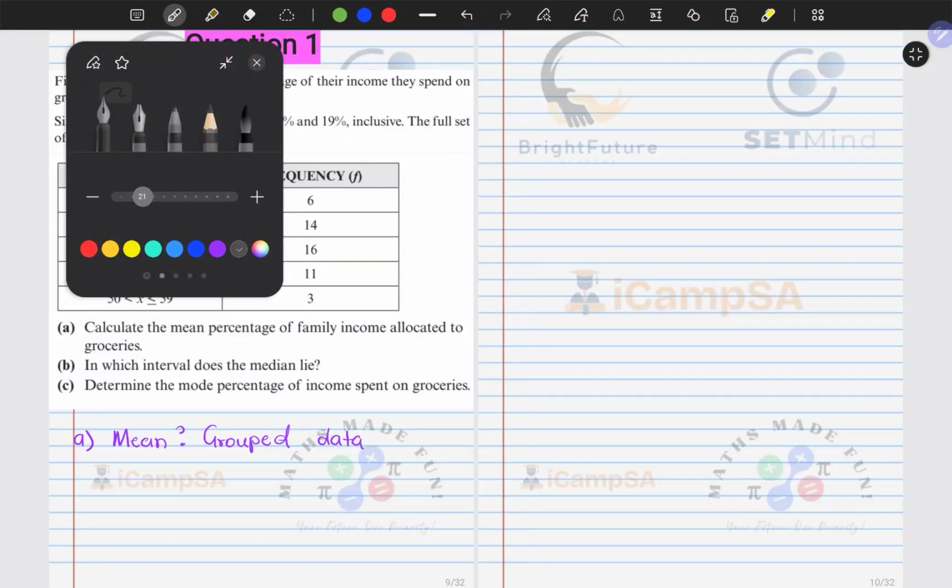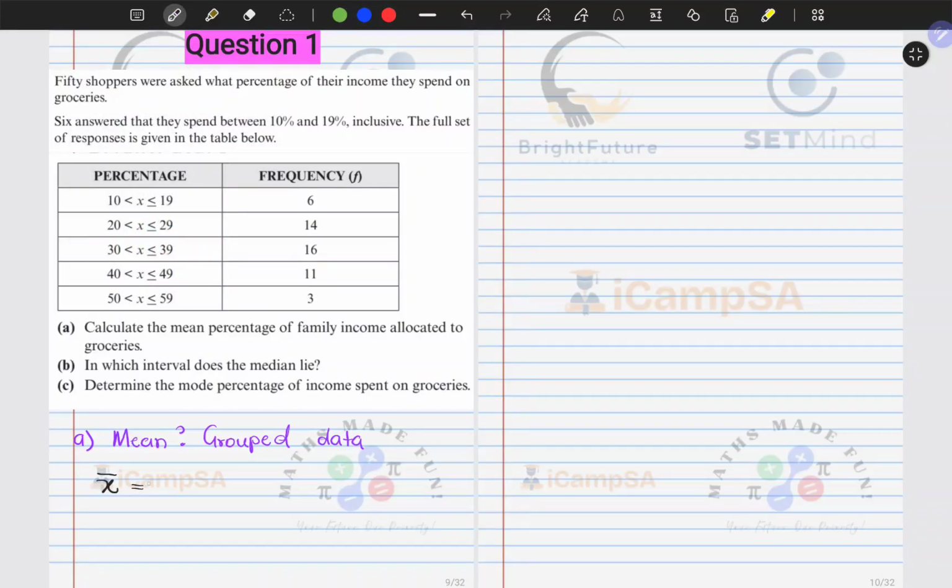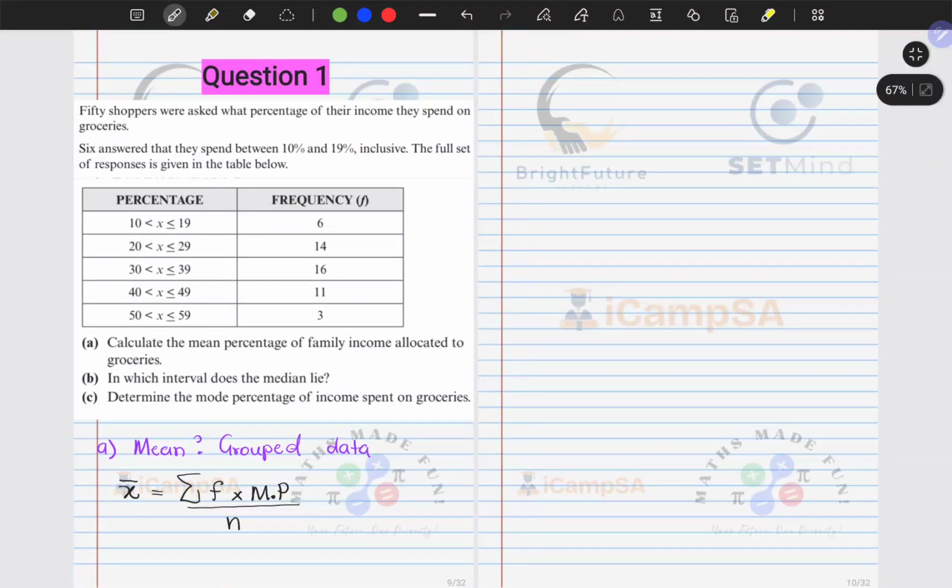And for the mean, x bar, what we said is we'll be summing the frequency times the midpoint, then we divide by n. Okay. So I have the frequency of this data, so it means I need to find the midpoint. So now the question is, what is MP?